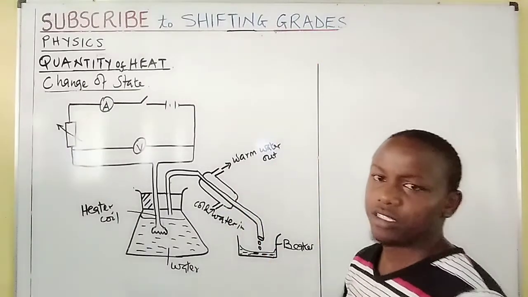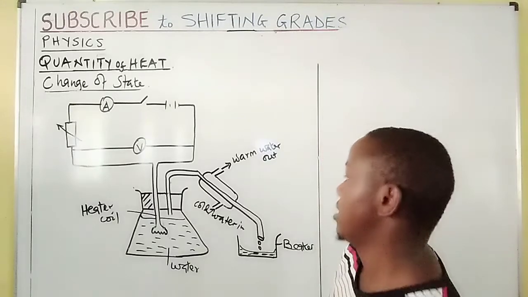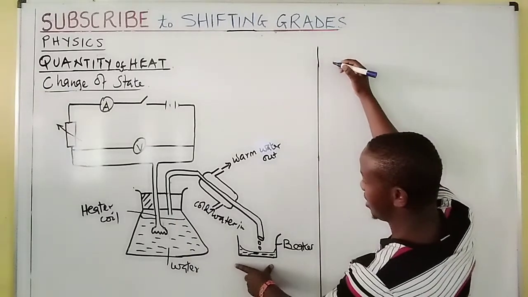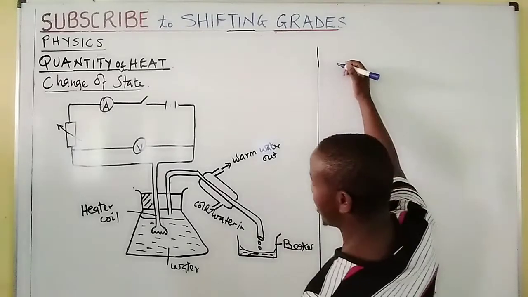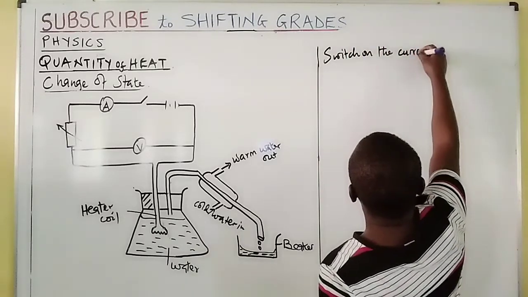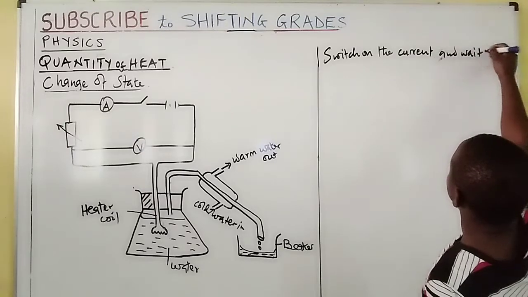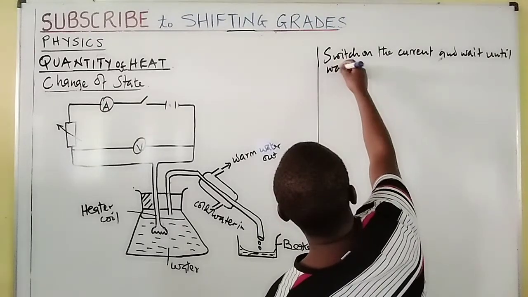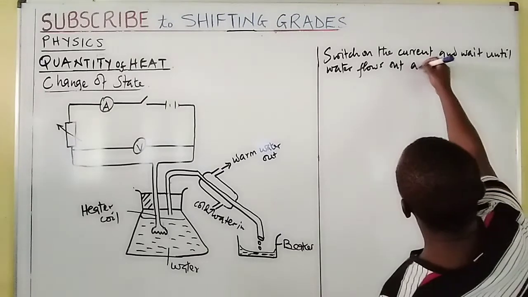So you set the apparatus like that, and once the apparatus has been set, the first thing we should do is to switch on the current and wait until water issues out at a constant rate.